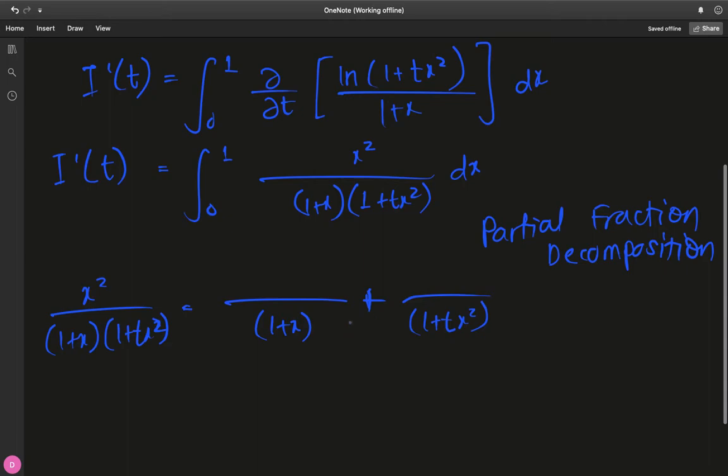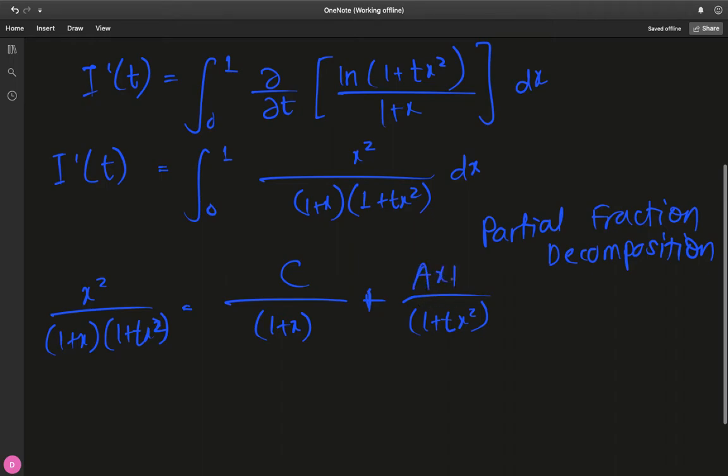And since we have a linear term, we always need a polynomial of degree less than the denominator. So if you have a linear, we need a polynomial of degree 0, or a constant. Let's call that c. And here we have a quadratic of degree 2, so we need a linear of degree 1.